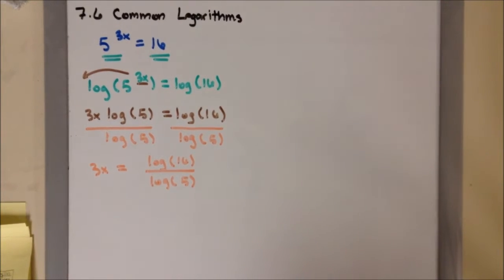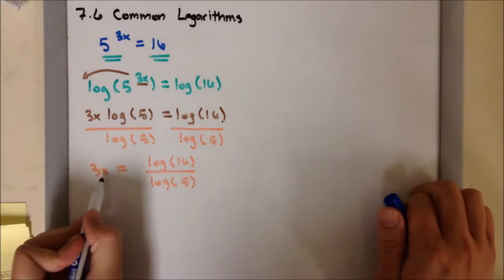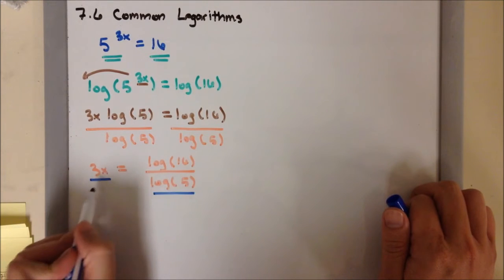Now, if you're working with a calculator and you're just simply solving for x, then the next course of action would be just to get x by itself. I'm going to divide both sides by 3.